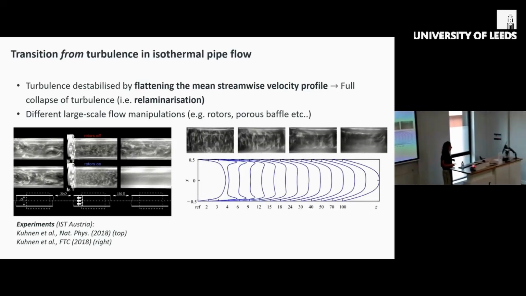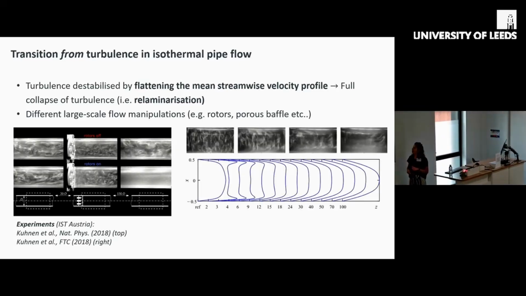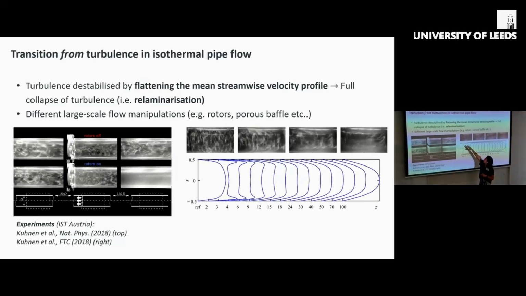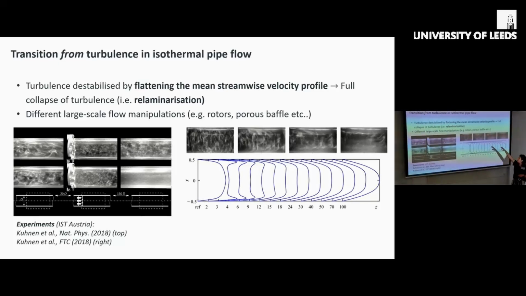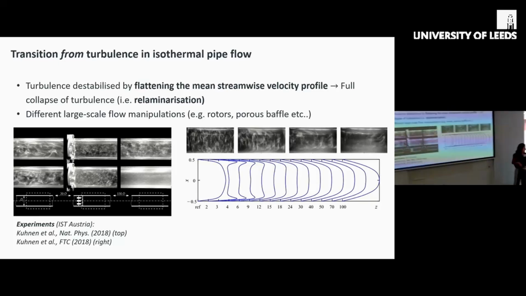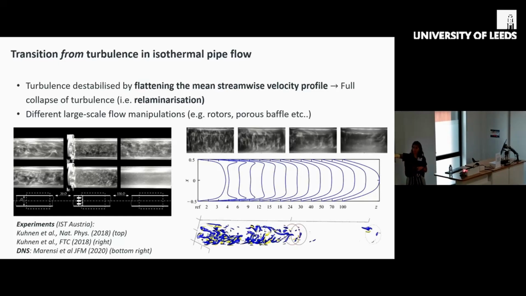Another method consisted in putting a stationary obstacle, it would basically be here or here, in the center of the pipe that partially blocks the flow. So again, immediately downstream you increase the turbulence, but then you see that it further laminarizes. And we were also able to capture this phenomenon in simulations.